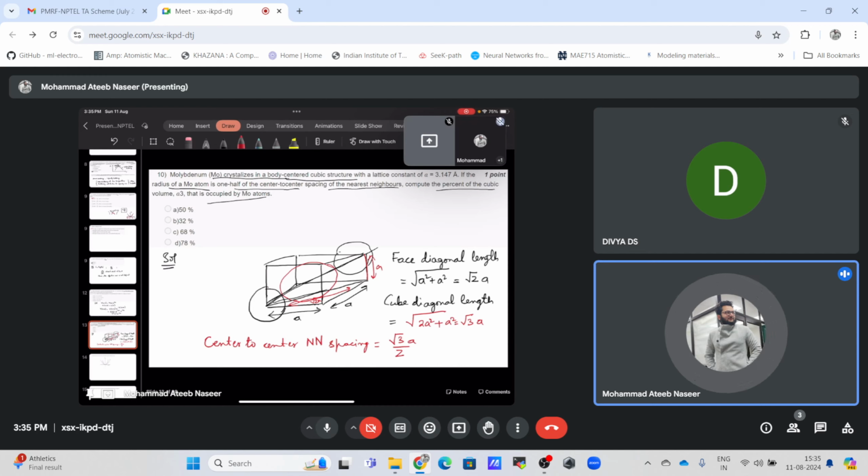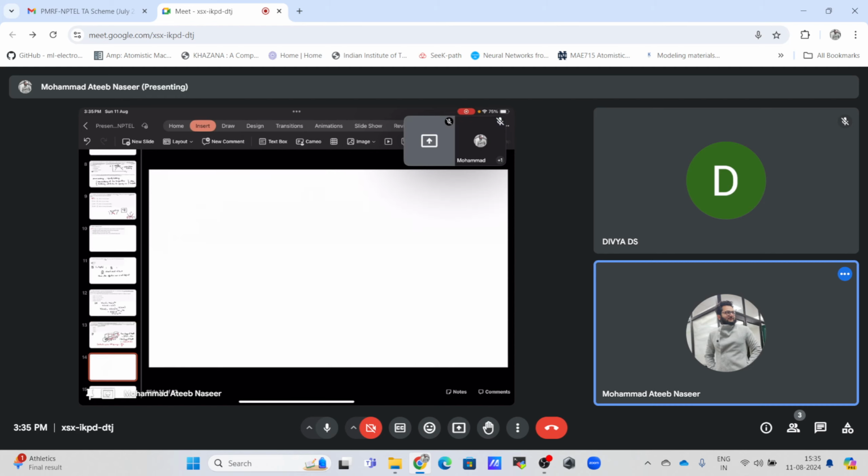So the radius is half of the center to center nearest neighbor spacing, and therefore the radius of this Mo atom is simply root 3 by 2a by 1 by 2, or simply root 3a by 4. This is the radius of the Mo atom.